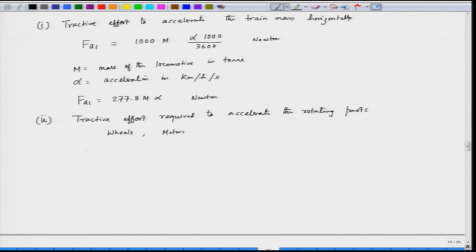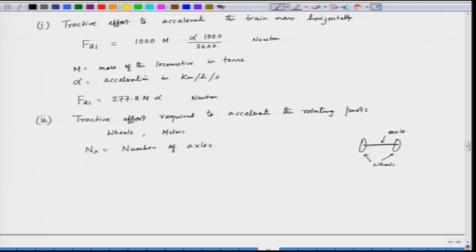Let us say Nx is the number of axles, and each axle has got two wheels. The axle's moment of inertia can be neglected, but each axle has got two wheels. These are the wheels and this is the axle.